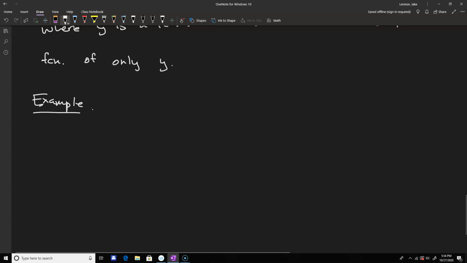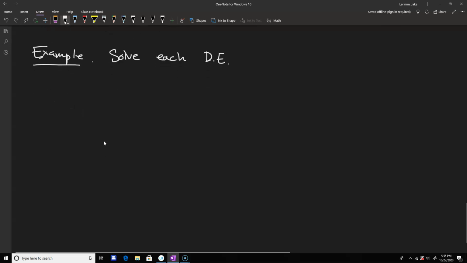In terms of writing things as a function, usually what it means is you can write something as the independent variable and the dependent variable, and the dependent variable is usually able to be solved for. So we'll look and see how that's the case. So we'll say solve each DE. And we'll do a few examples here.